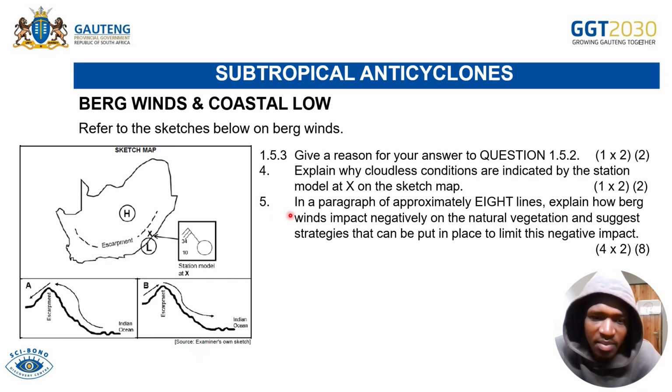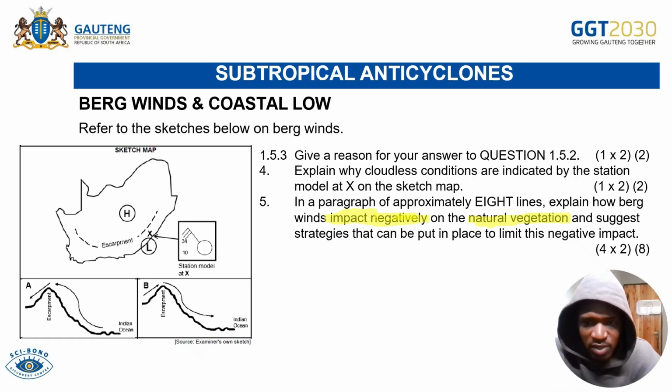Number 5, in a paragraph of approximately 8 lines, explain how Berg winds impact, let's highlight, how they impact negatively on what? On the natural vegetation. And remember, we're not just looking at impacts only now.